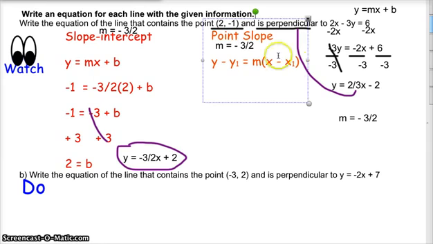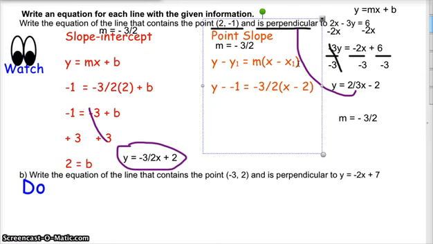If I do point-slope form, you're going to have to be a little bit careful here. y minus, the y value in the ordered pair is a -1. Negative 3 halves is my m, x minus 2. Minus a negative is a positive 1. And I'm going to go ahead and distribute.